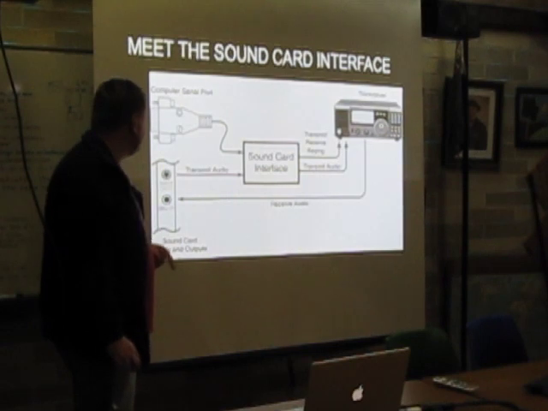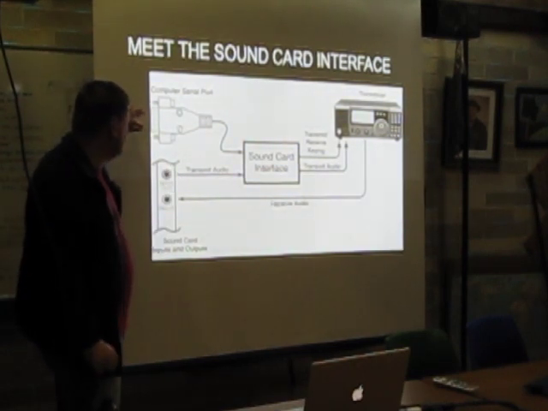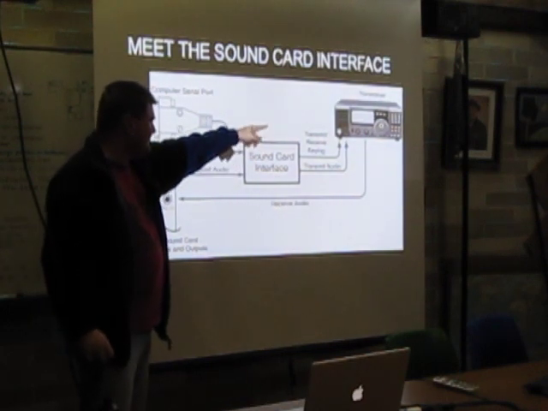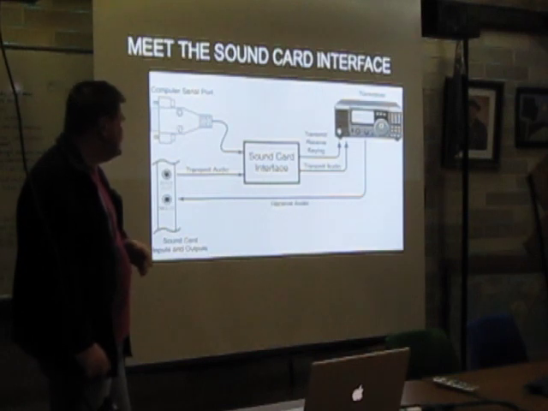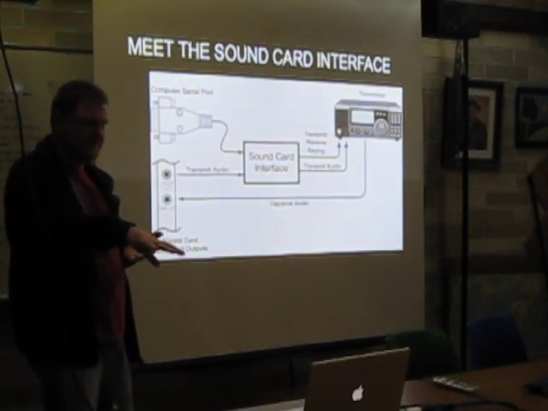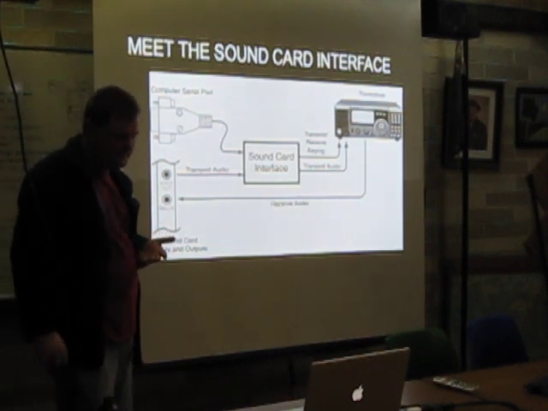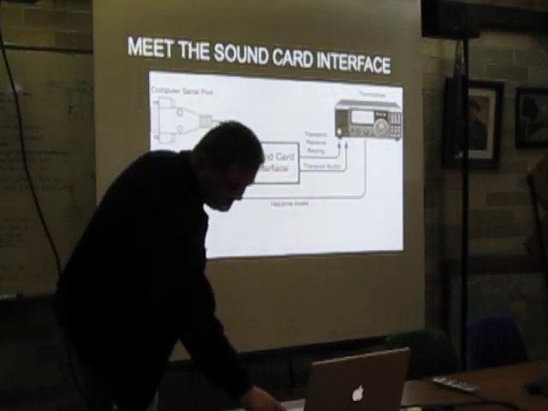So there's certain lines in your serial port that you can use to trigger the PTT circuit in the radio. And sometimes the serial port's also used to control the radio itself. So then your computer knows what frequency the radio is on, and it can control what frequency the radio should be tuned to.